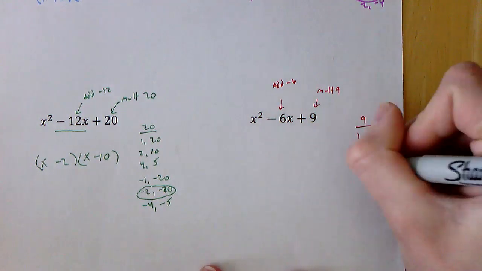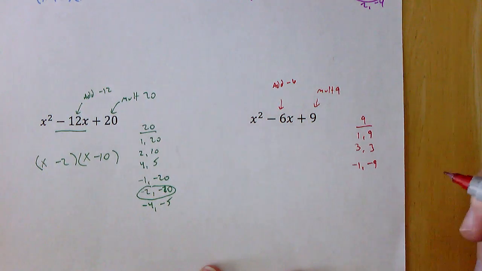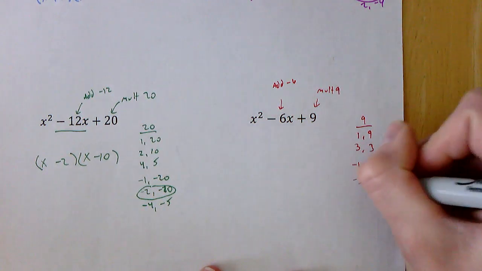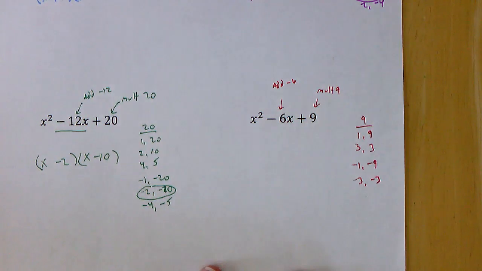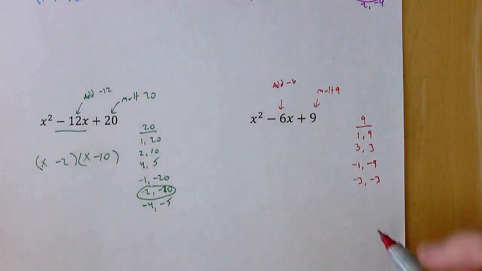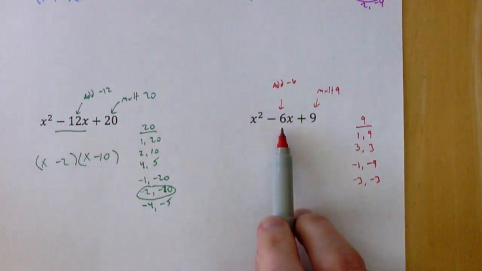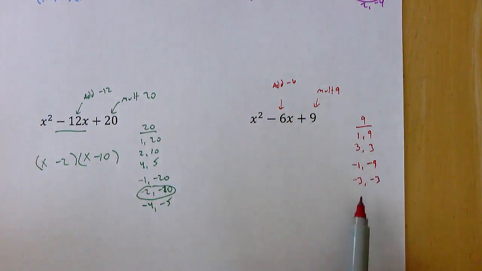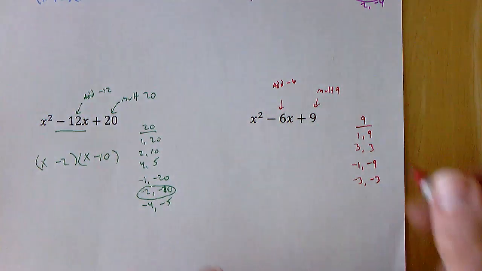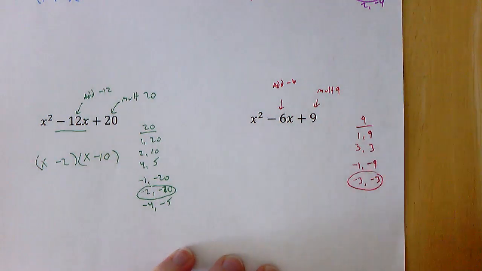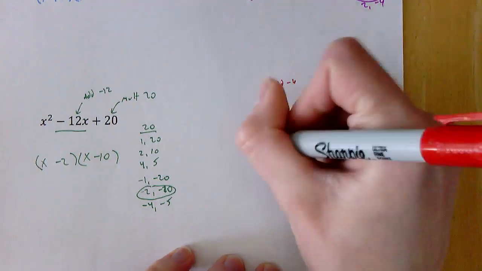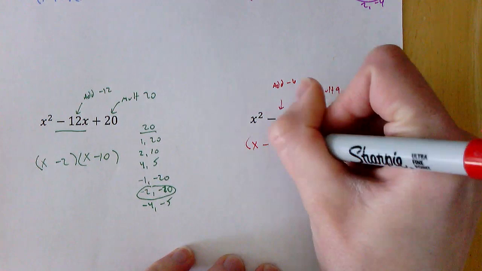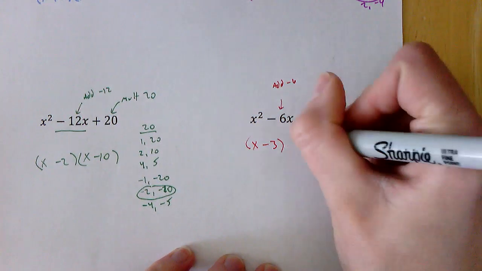But I know that -1 and -9 multiply to +9, and -3 and -3 multiply to -9, or to +9, sorry. Then I wanted to add to -6. So 1 fire and 9 more fires, no. 3 fires and 3 more fires, though, that's good. That's -6. So I'm going to factor this to x - 3, and then x - 3 again.